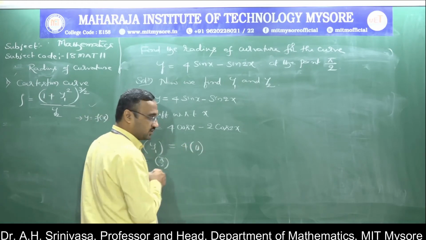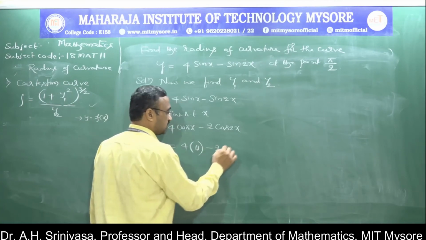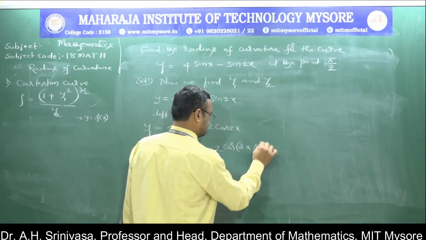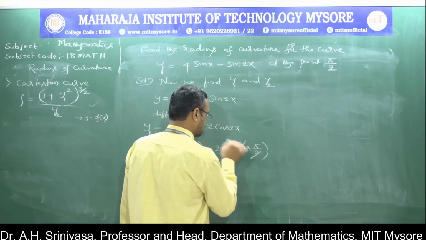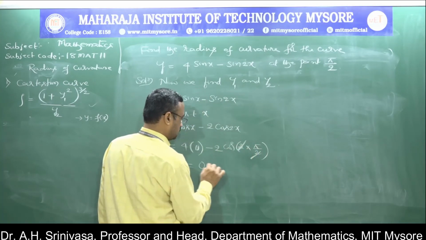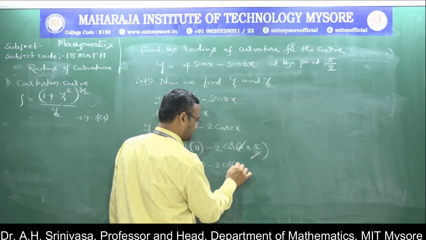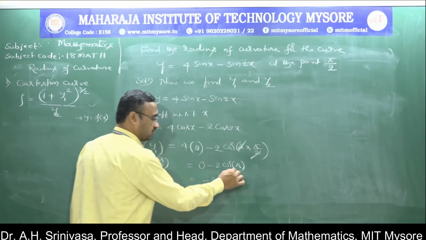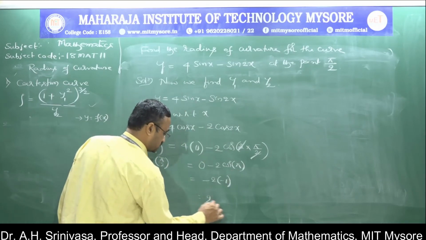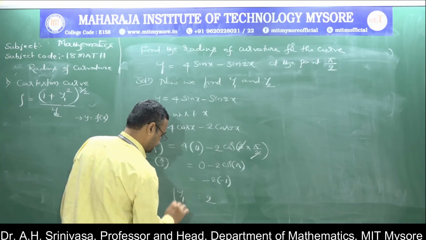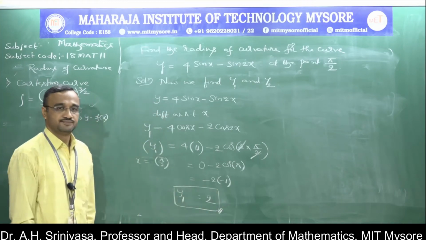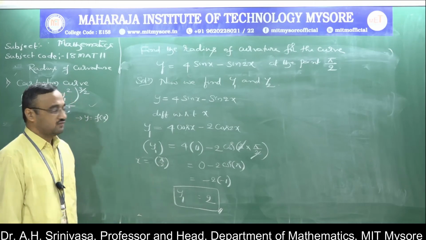Cos 90 is 0, minus 2 times cos 2 into pi by 2. Cancel this off. 0 minus 2 times cos pi. What is the value of cos pi? It is minus 1. The value of cos pi is minus 1. We get 2. We get y1. Okay. So now I got the value of y1.